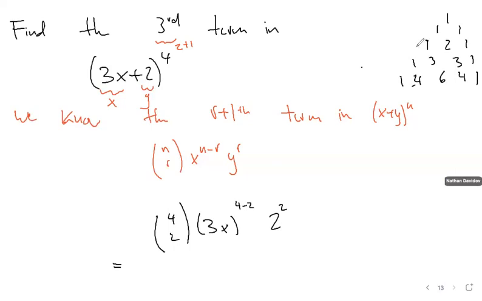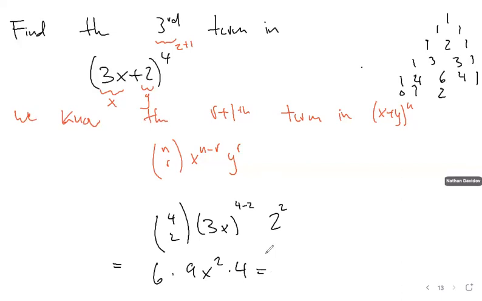Okay, so 4 choose 2. Let's see. Sorry, this is row 4. And this is 0, this is 1, and this is 2. So 4 choose 2 will actually be 6 times 3x squared is 9x squared times 4.